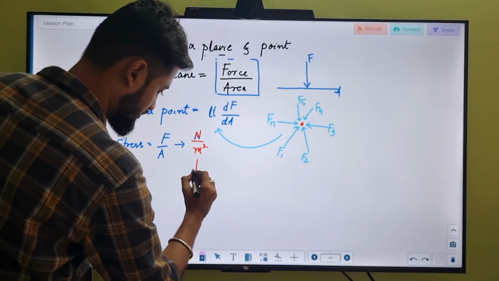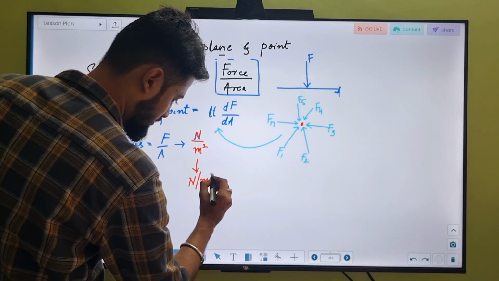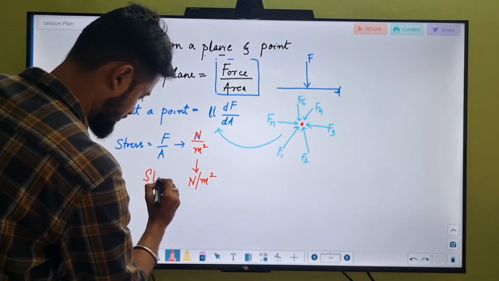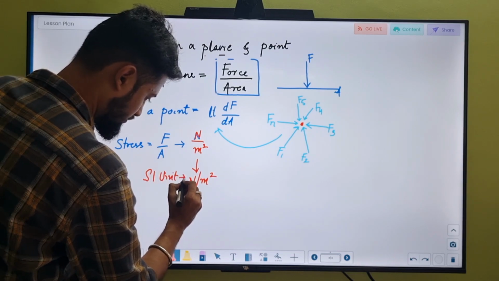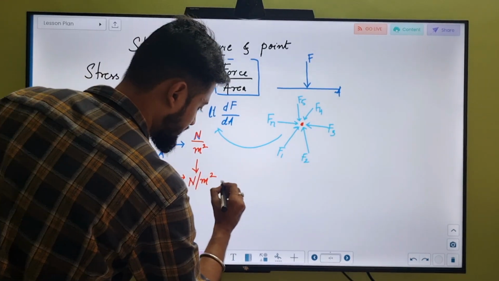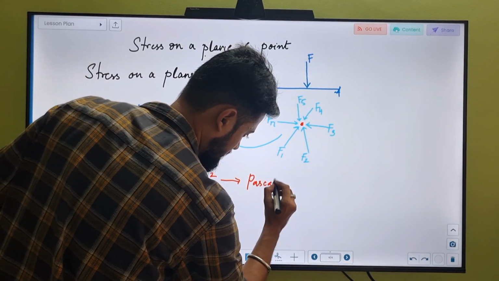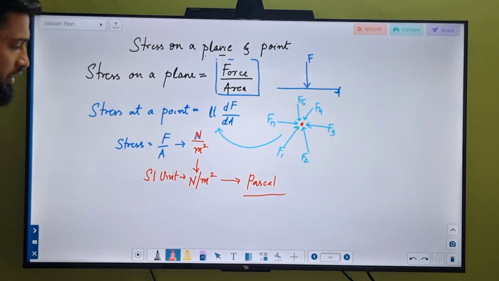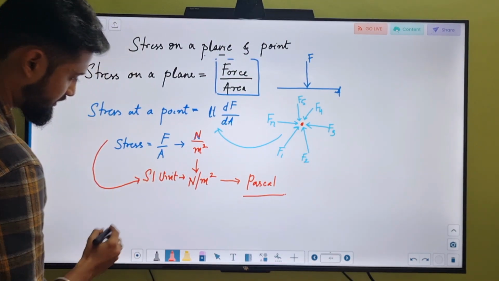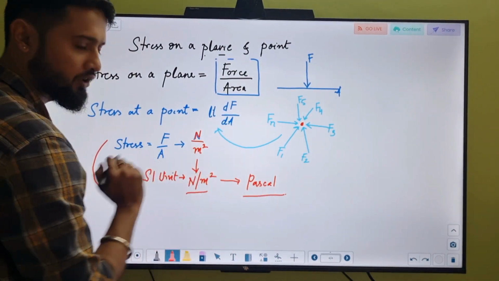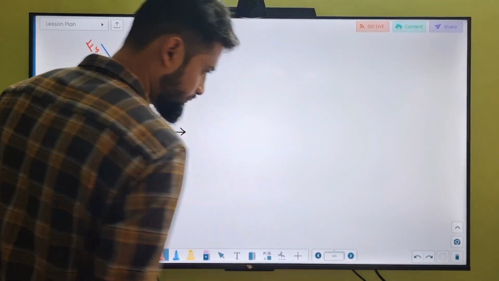So this becomes Newton per meter square, the SI unit. Newton per meter square can also be written as Pascal. So the SI unit of stress is Newton per meter square or Pascal. Okay, let's move on to the next part.